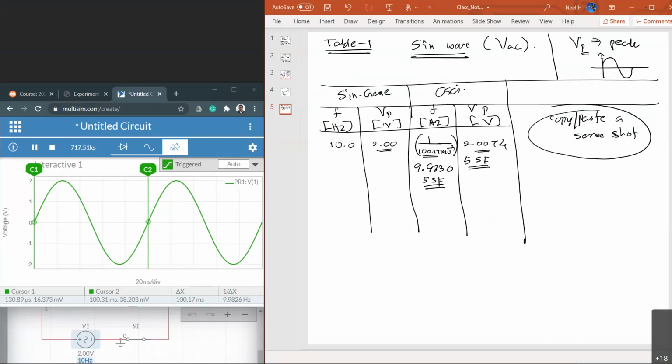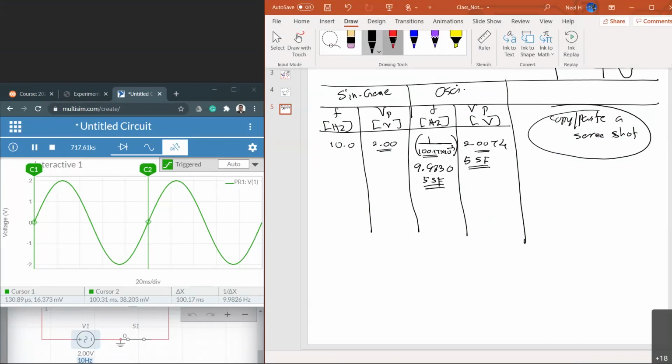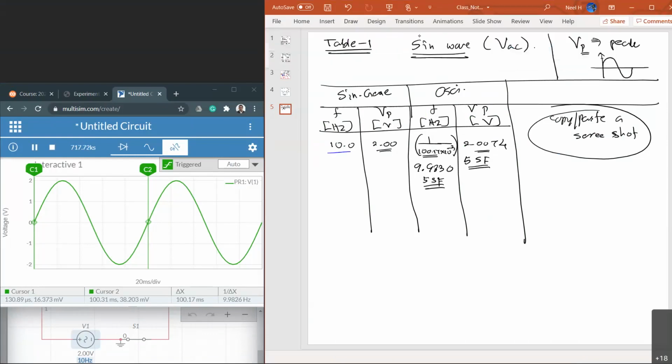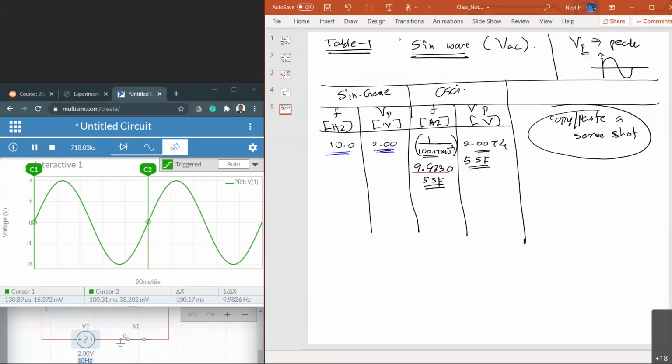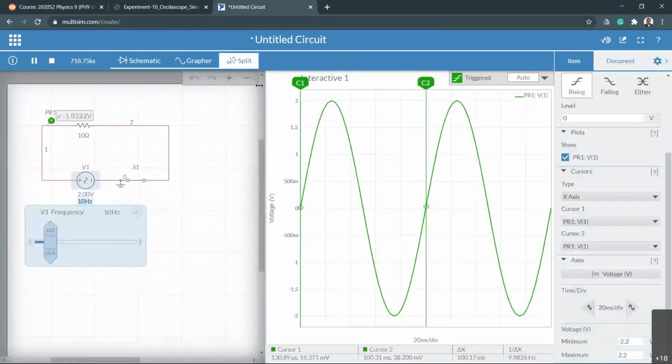Now you can see expected results are slightly off, right? Now these are the real values which I included, and these are the values which I actually observed. You can see these numbers are very slightly off. If you do the percentage error, you can see maybe less than 1% error. That's the human error. Now this error happens even with the virtual oscilloscope, which means if you do it in a real class setting, you have to be really careful when you do this measurement.